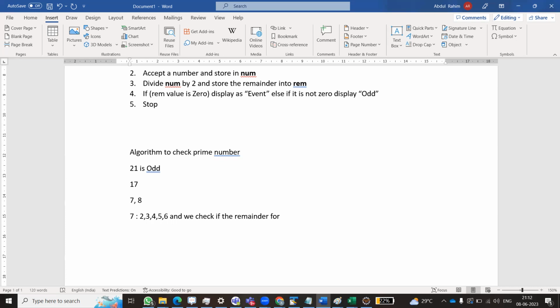In the similar way, for number 8, we will divide it by 2, 3, 4, 5, 6, 7 and then check. If for any of these numbers the remainder is 0, it is not a prime number. This is how we identify whether the given number is prime or not.